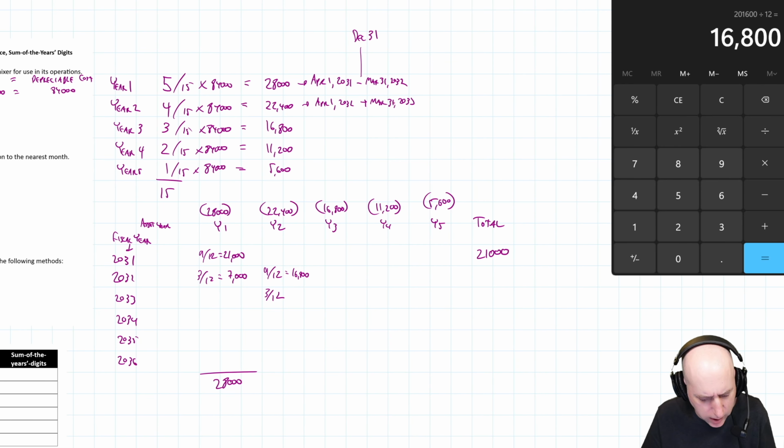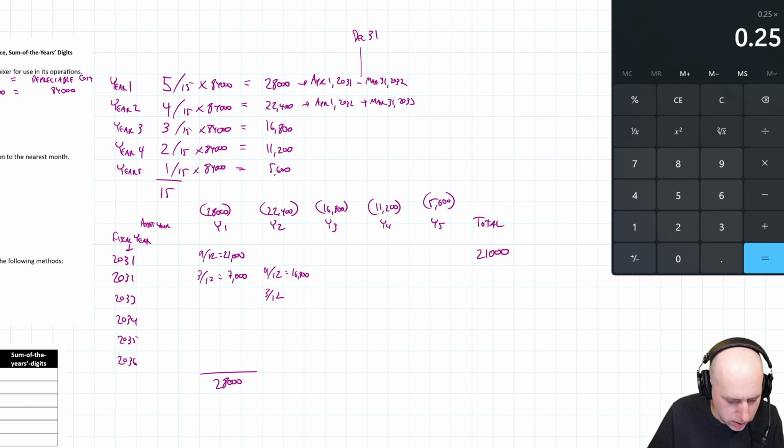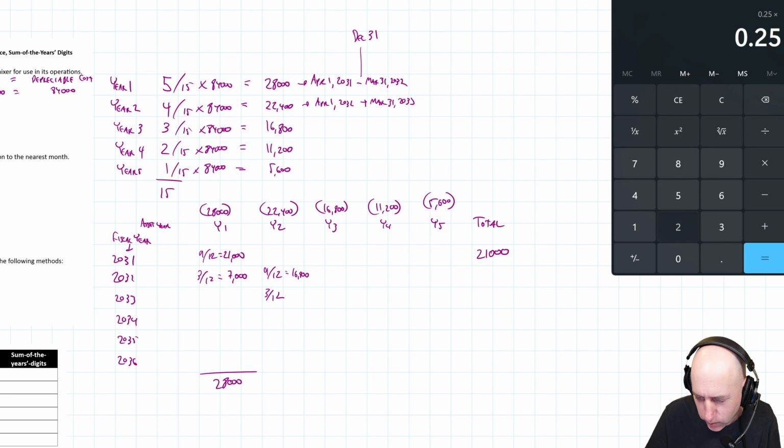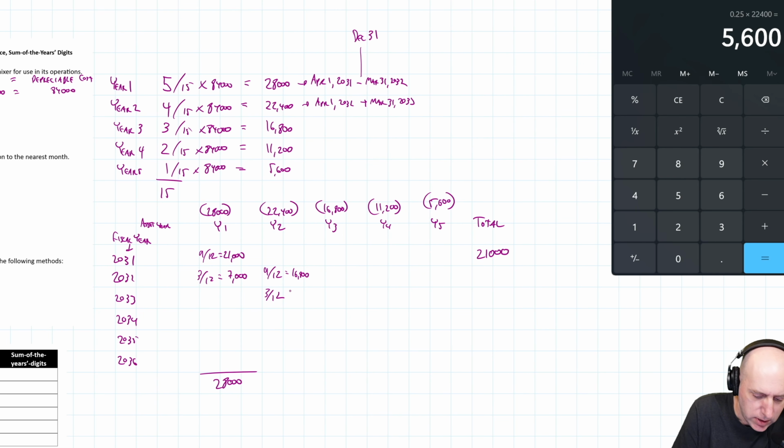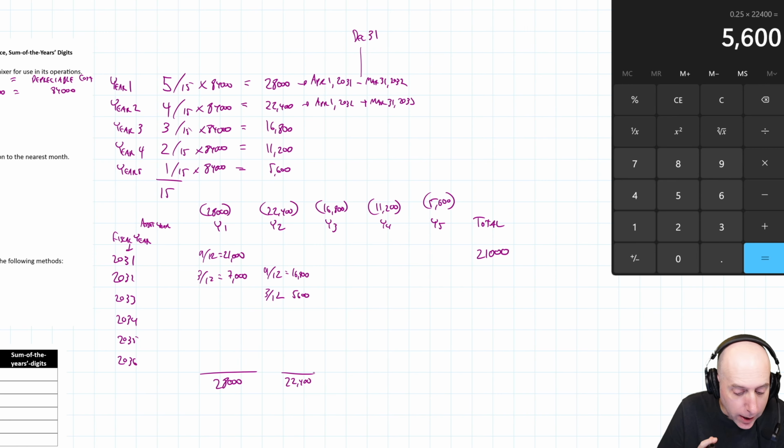So 3/12 times 22,400 is 5,600. And again, I can add this up and say 16,800 plus 5,600 is 22,400. And it is, right? The numbers work. So there you go. Year three, exactly the same.